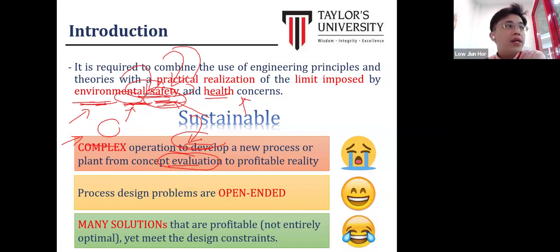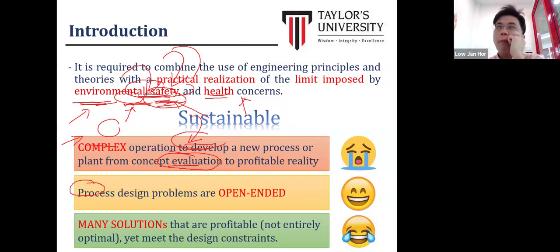Normally, in our chemical plant design, we will try our best to make sure all the elements that we are going to consider and include are an optimum design.